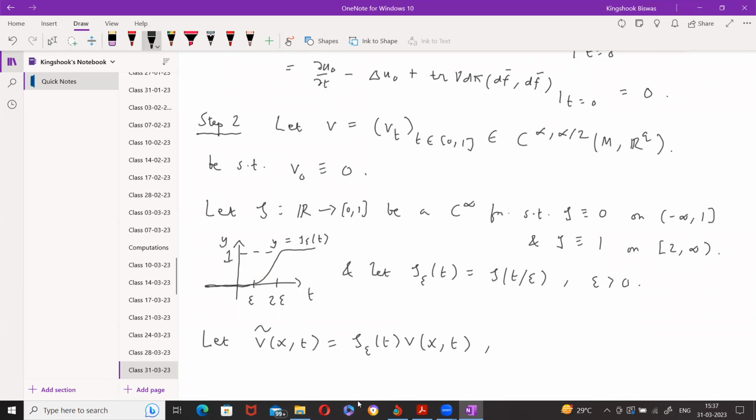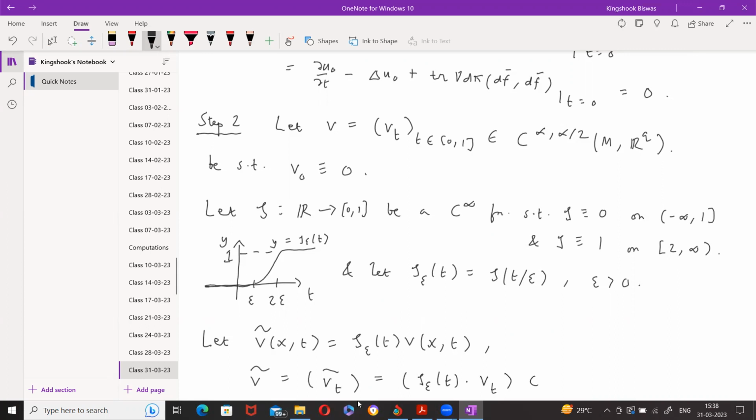So that means v tilde is also an element of the Holder space. Okay, so v tilde is some v tilde t, where what is v tilde t? This is equal to zeta epsilon of t into vt, right?